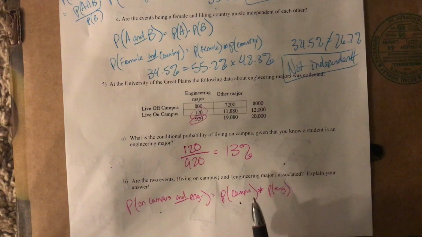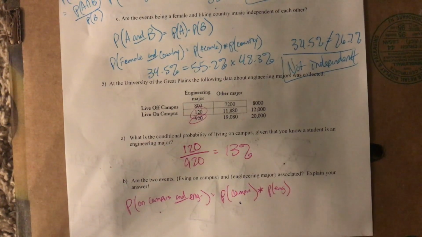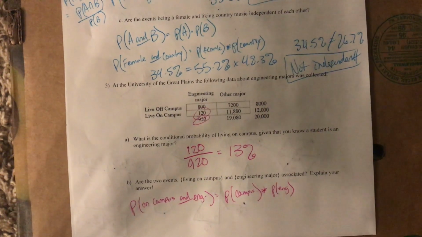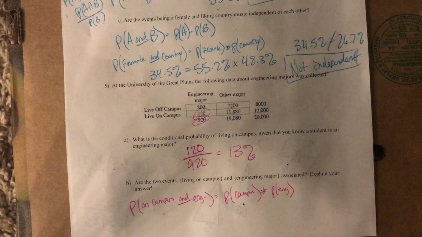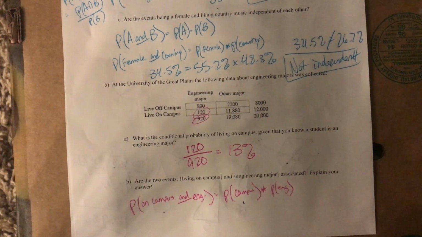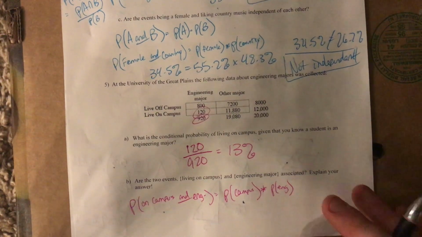So if those are equal to each other, then they are independent, therefore they are not associated. Okay, independent is not associated. So if they are not equal to each other, they will be associated. It's a little bit confusing. If you need a better explanation for that, I can always give that to you, and there's also some math notes on it as well.